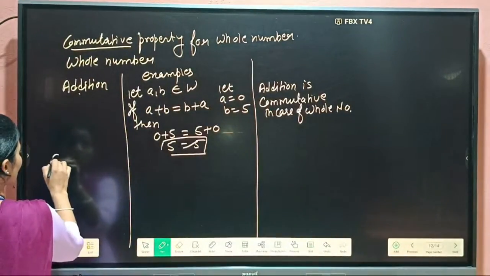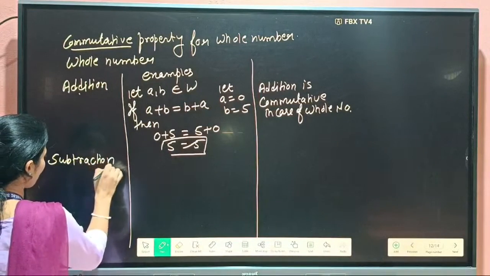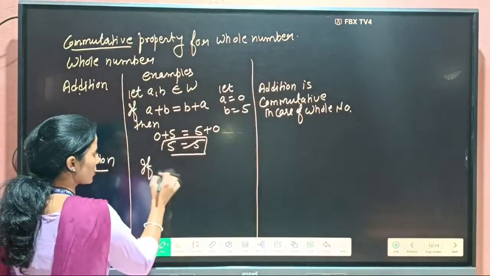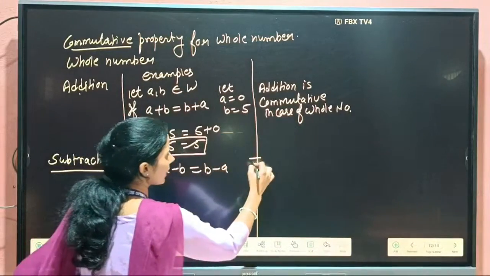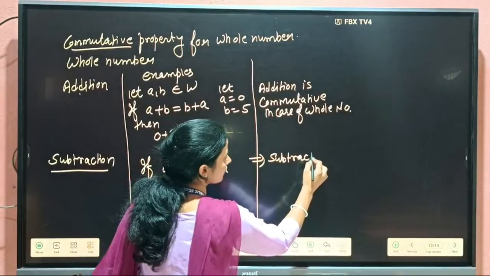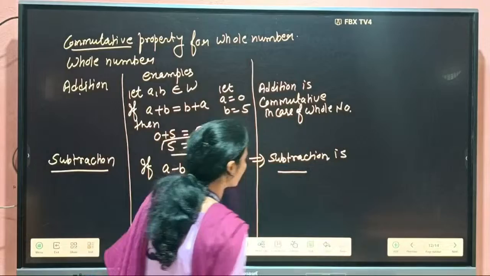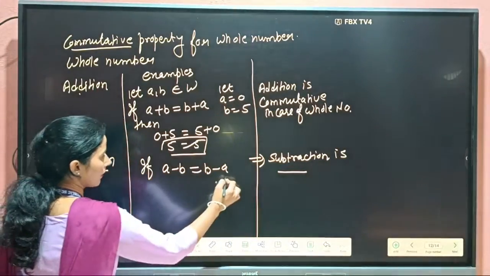Next operation is subtraction. Now, if A minus B is equal to B minus A, then I will say subtraction is commutative, otherwise no. Let us verify it with an example.